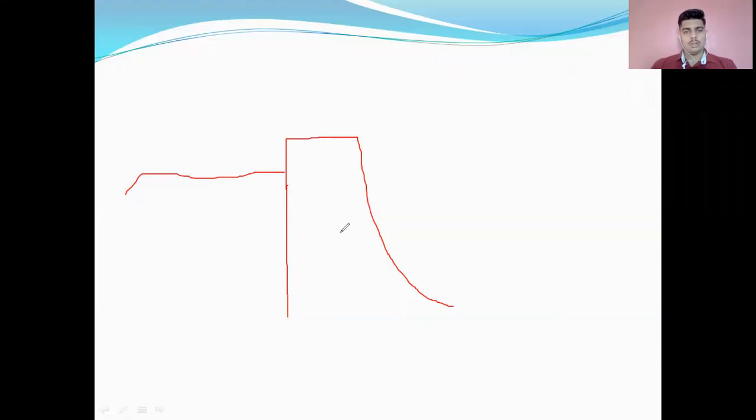And now we have some openings in this, or we can consider it low as well. So let us take it low, not at an extreme height. We have some openings over here through which the water can pass.